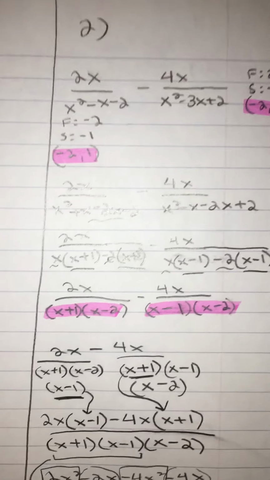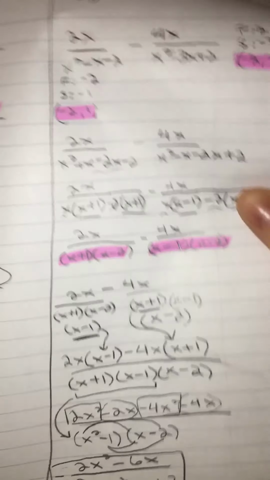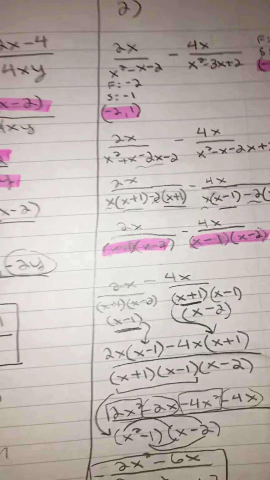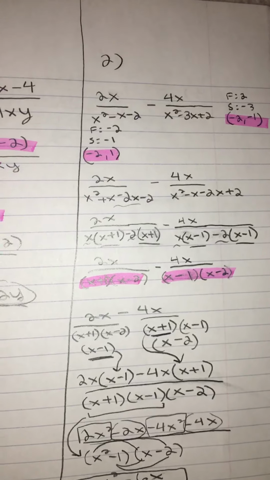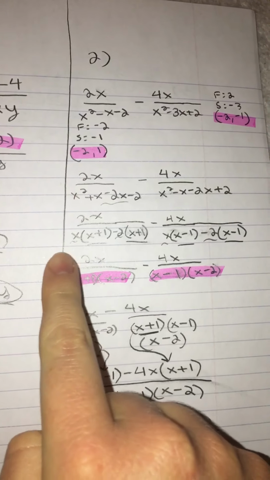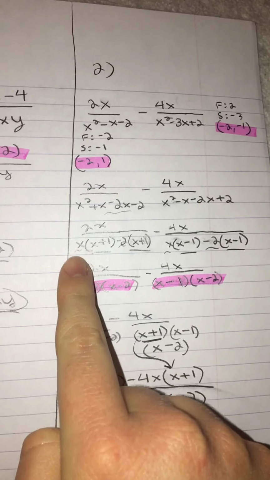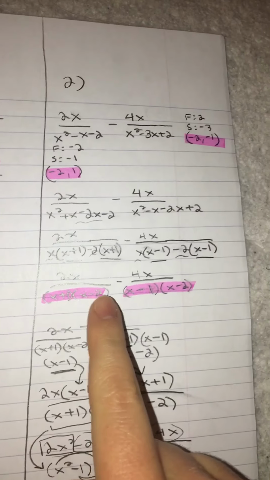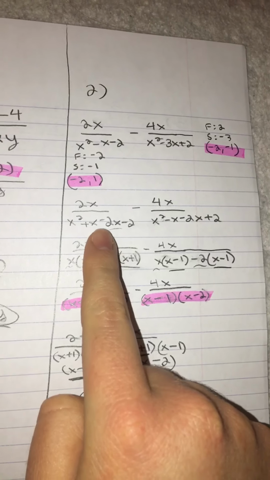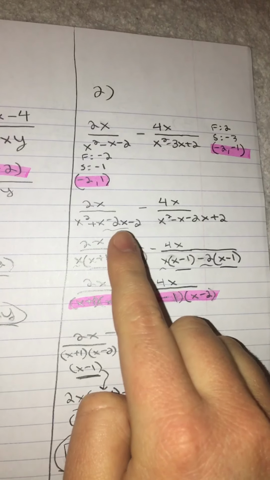The next thing that you want to do is factor out the x and x squared so that it's x plus 1 inside the parentheses. And then you want to factor out negative x.